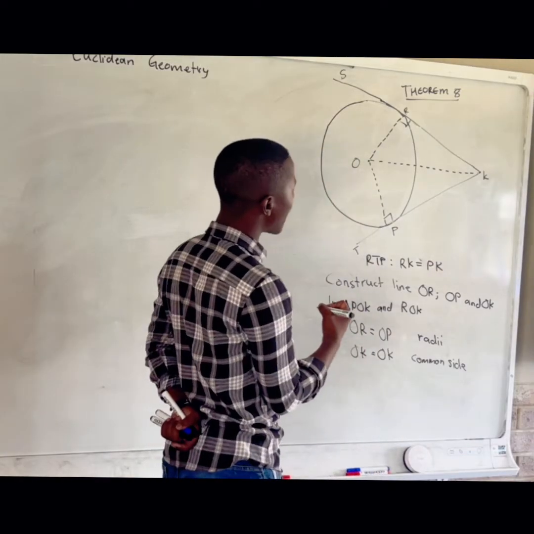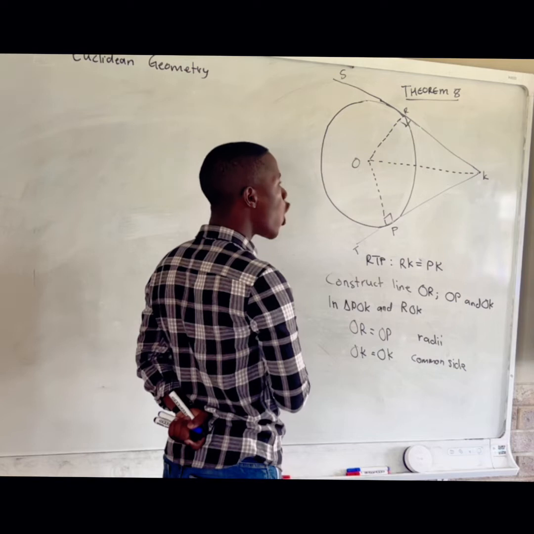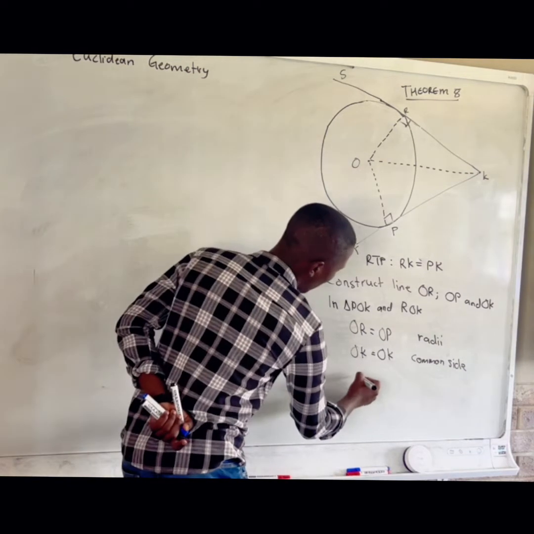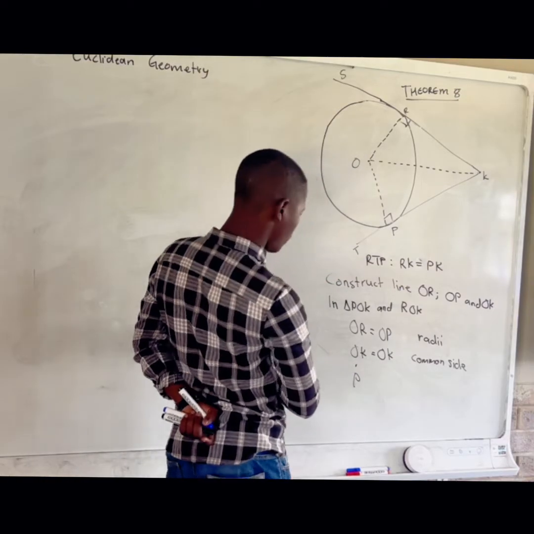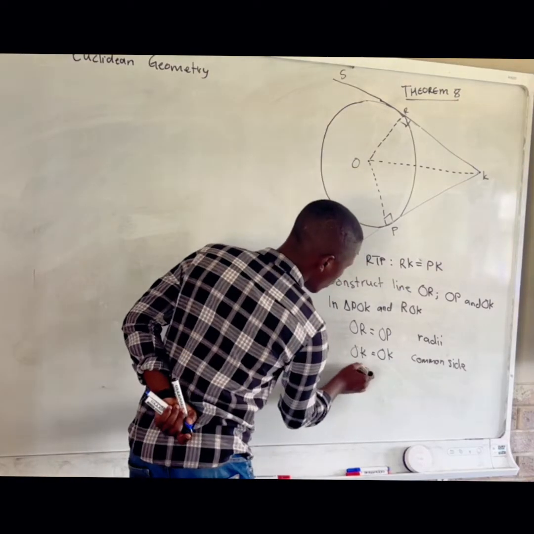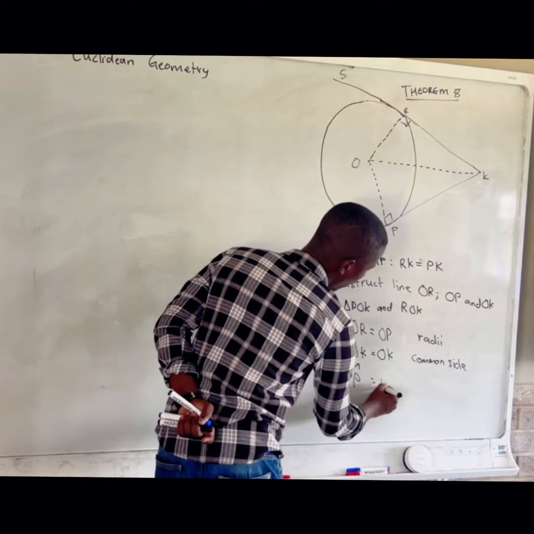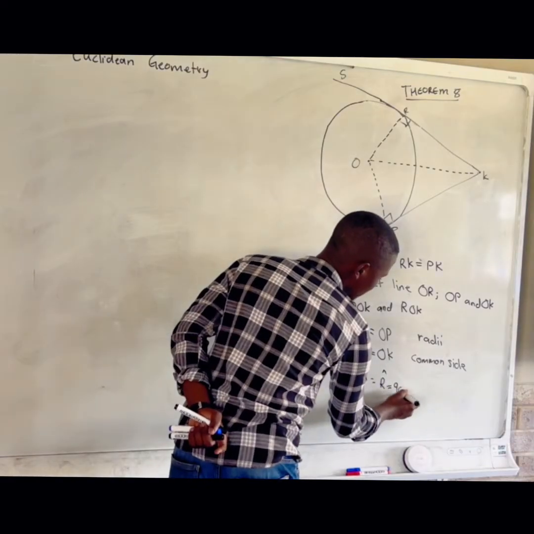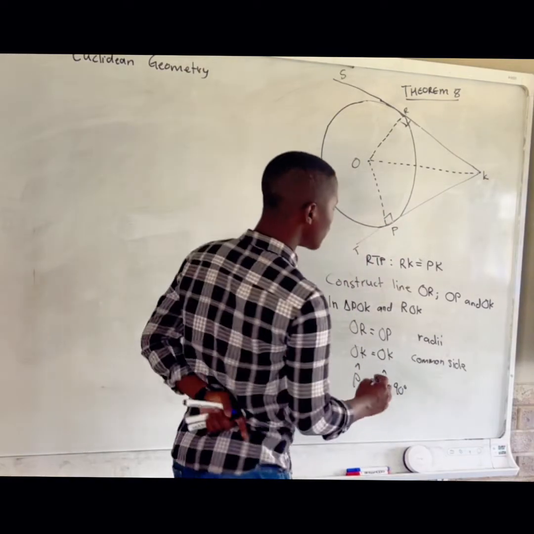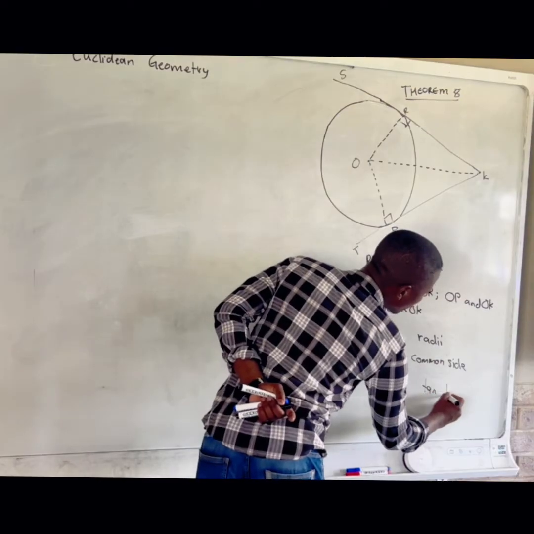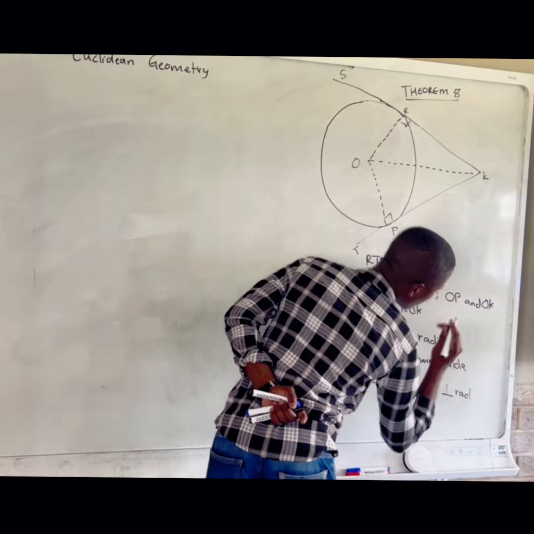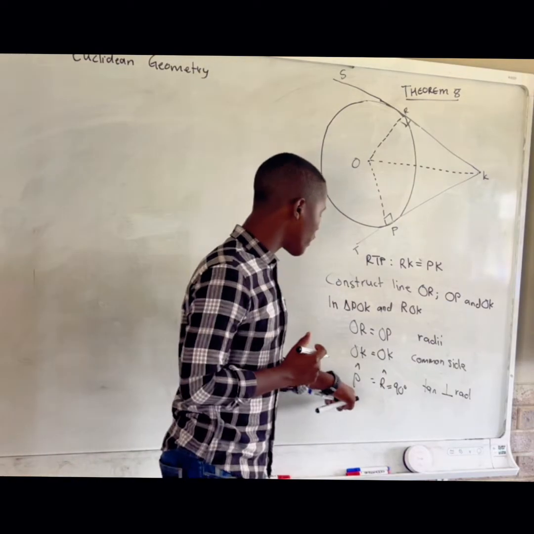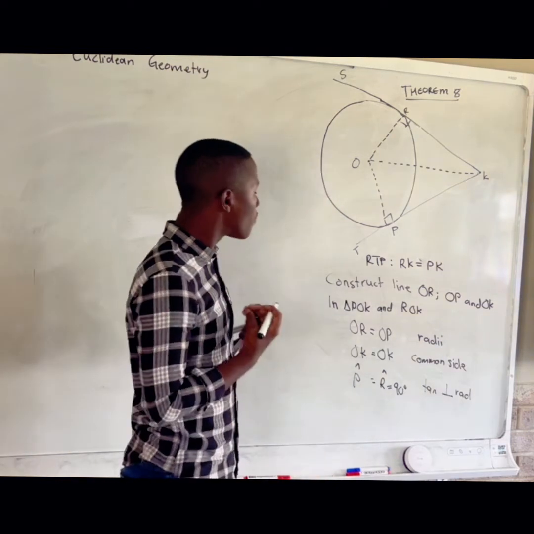So your angle OPK, or angle P, is equal to your angle R. Both of these are equal to 90 degrees. The reason is that your tangent is perpendicular to your radius.